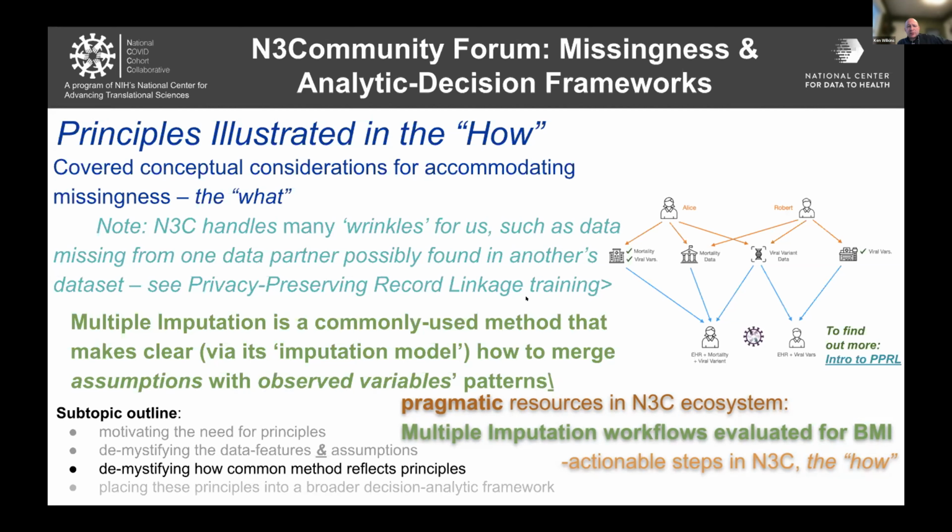The idea is to make use of all the observed information you have at hand and work from there. So to go on to a commonly used method, multiple imputation, we can see how you get this assumption of what the missing bits are off of the observed, such as it would be for BMI. And that's where we'll go to, in this fourth bullet, my colleague, Elena Casiraghi.